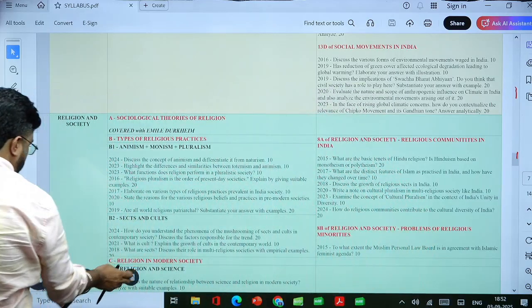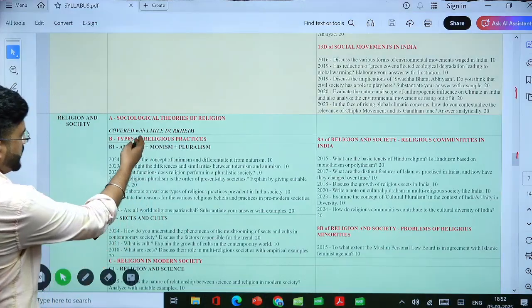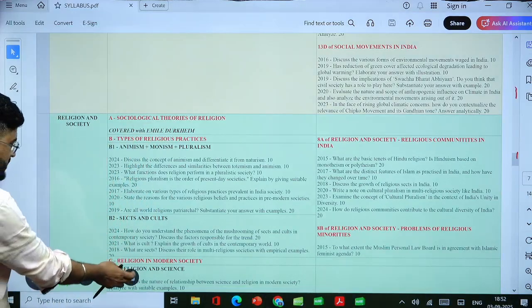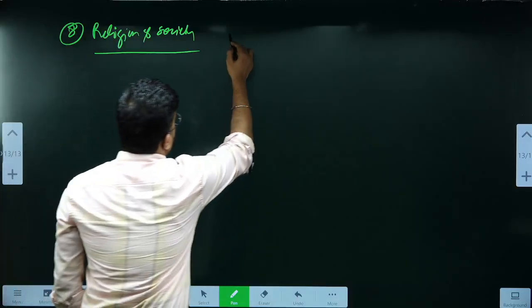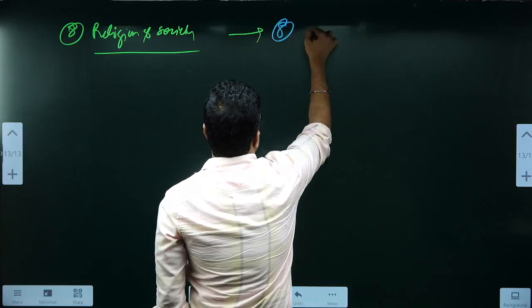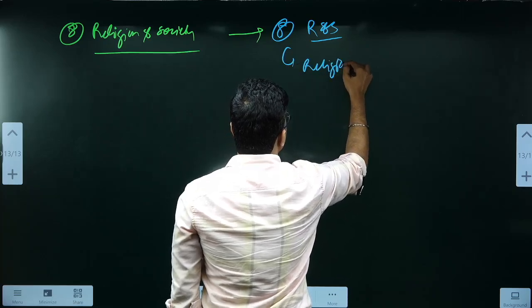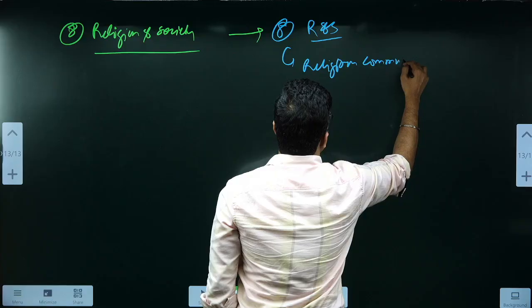Here again try to analyze that when we are talking about types of religious practices, you can connect with chapter 8 of paper 2, also religion and society, where we find different religious communities in India.